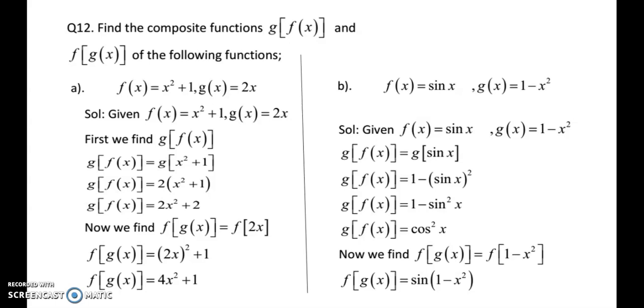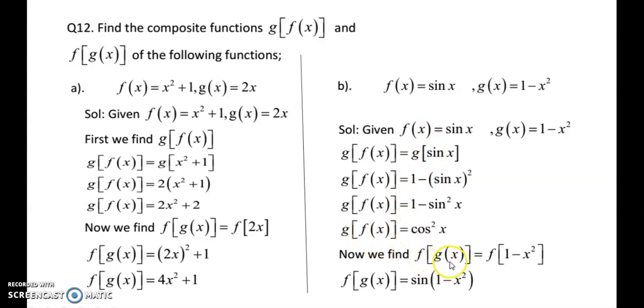So when you are shifting sine square theta to the other hand side, it will be 1 minus sine square theta equals cos square theta. So you just have replaced it with cos square theta. Here the angle given is x, so it is cos square x. So you have composed g of f of x.